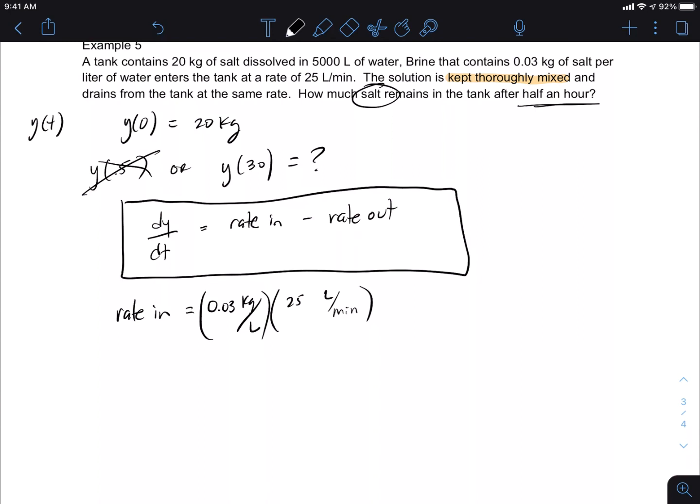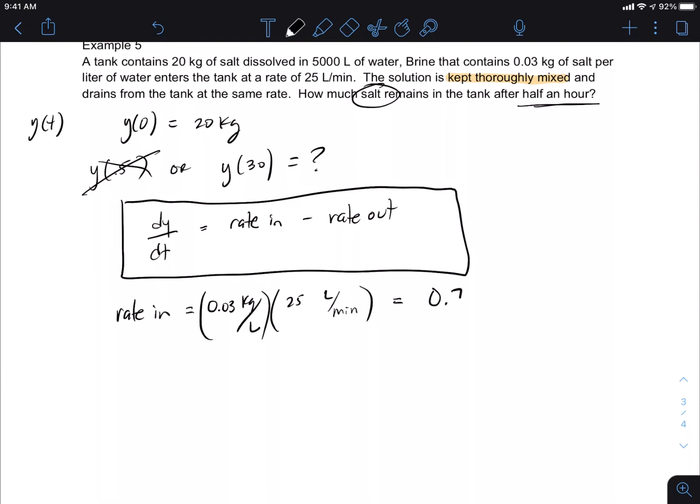So how much salt is being thrown in? You notice that when we're looking at this rate in, the liters are gone. We're going to have kilograms per minute, and kilograms per minute is telling us about the amount of salt that's being thrown in. Do you see that?